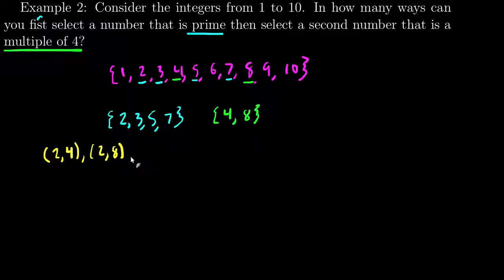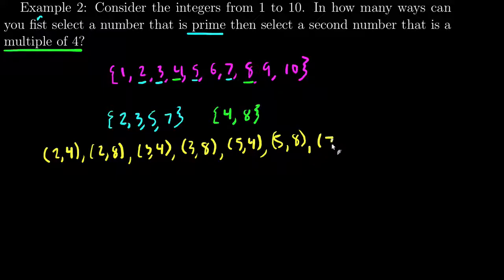We pick 3 and then 4, or we pick 3 and then 8. We pick 5 and then 4, or we pick 5 and then 8, or we pick 7 and 4, or we pick 7 and 8.